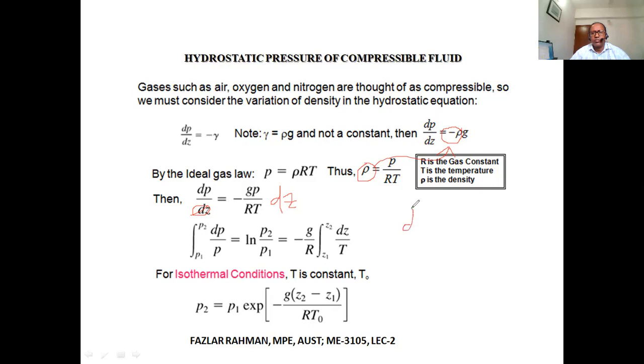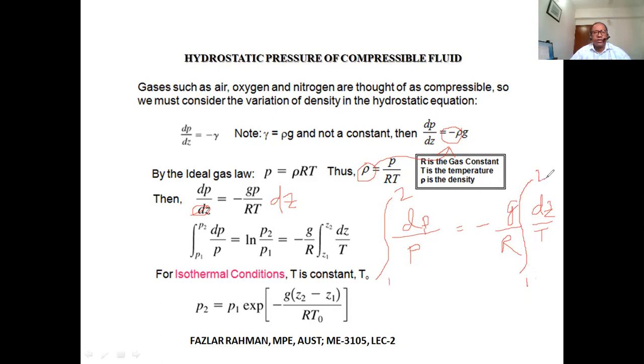So our equation will be, if we rearrange, dP by P equal to minus g by R, dz by T. Now if you integrate from point 1 to 2, g is constant, and R, the universal gas constant, is also constant.